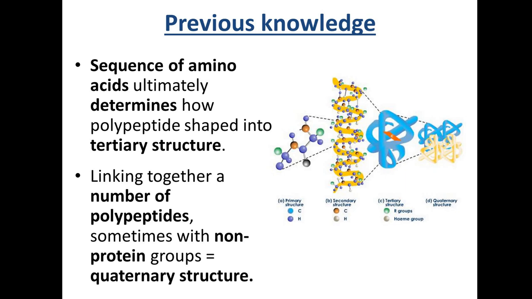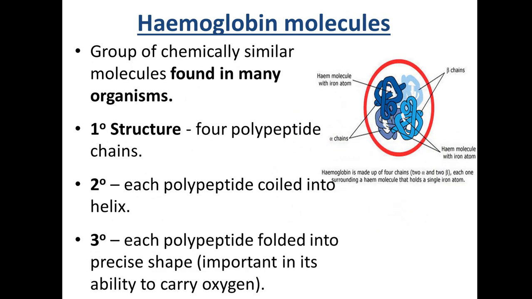And once you've got your polypeptide, if you link a few polypeptide chains together, and sometimes you can add them to non-protein groups or prosthetic groups, that is what is known as a quaternary structure. If you have more than one polypeptide chain linked together, or they're associated with a non-protein group or a prosthetic group.